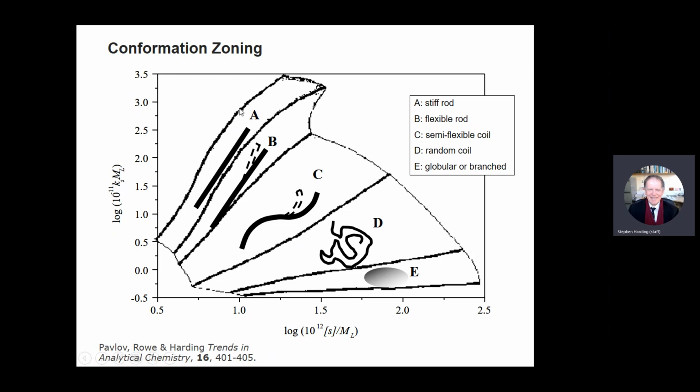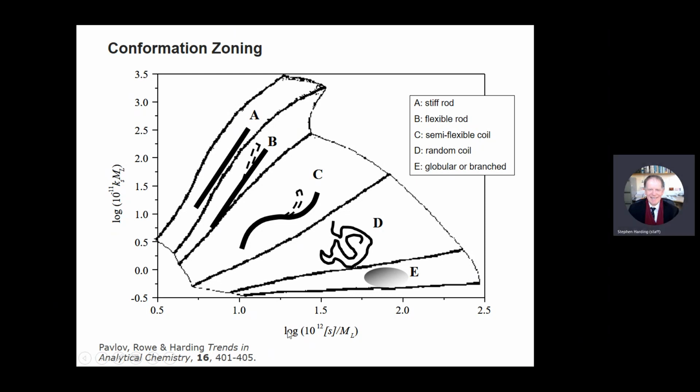Well, what you do is you combine the sedimentation coefficient with molecular weight information. This is actually the mass per unit length, and this is the concentration dependence of the sedimentation coefficient parameter. So by combining this data together, you see whereabouts on this conformation zone plot your molecule lies.